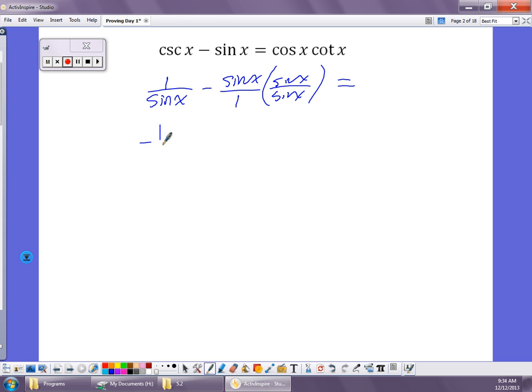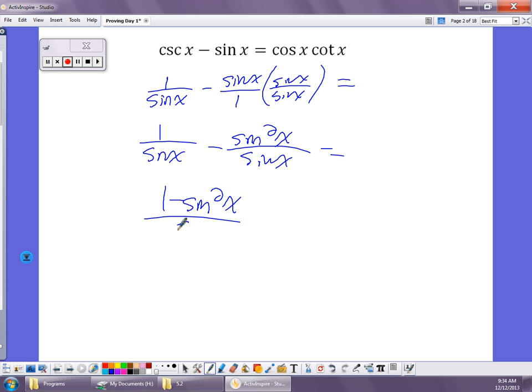So what I'm going to end up getting is 1 over sine x minus sine x times sine x is sine squared x over sine x. Some of you guys might already be able to see what's happening. Now I have the same denominator, so I can put it over 1. So 1 minus sine squared x over sine x equals this.